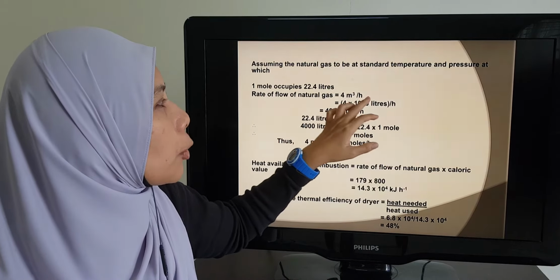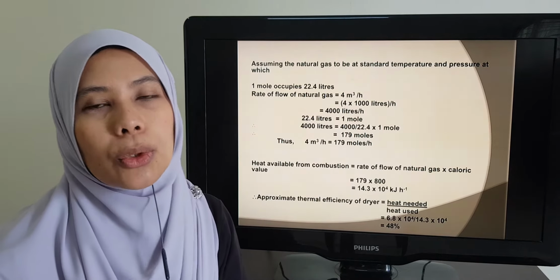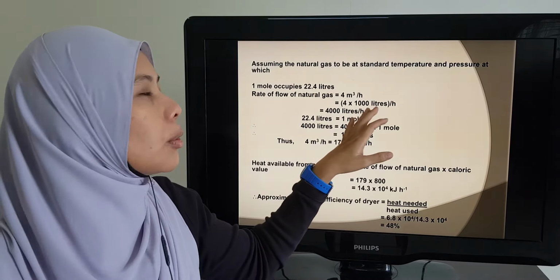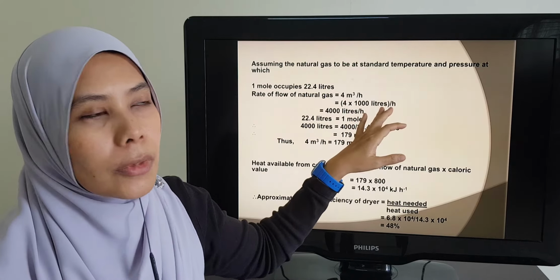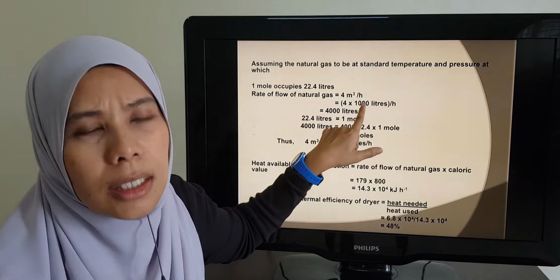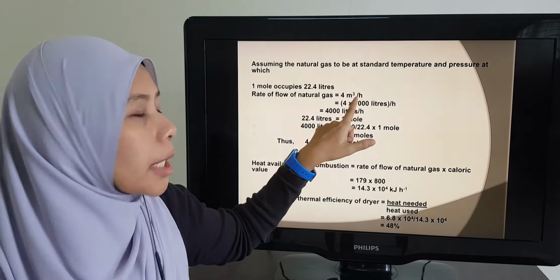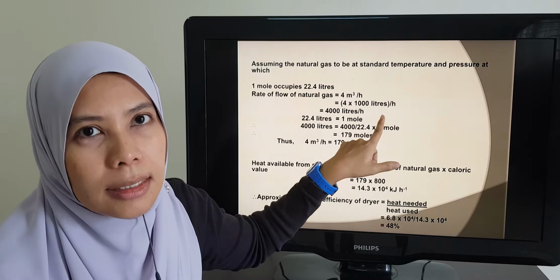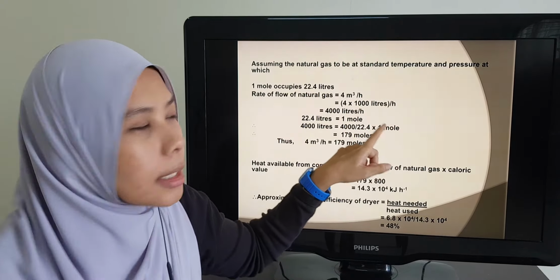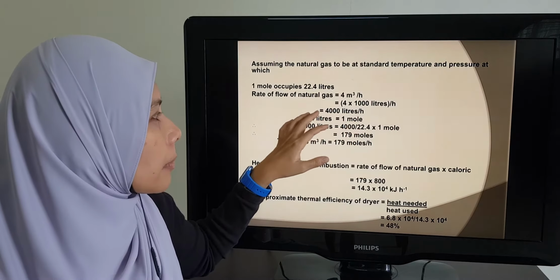Please add into your lecture notes that 1 meter cubic is equivalent to 1000 liter. That is how we convert from meter cubic to liter. So 4 times 1000 liter per hour.